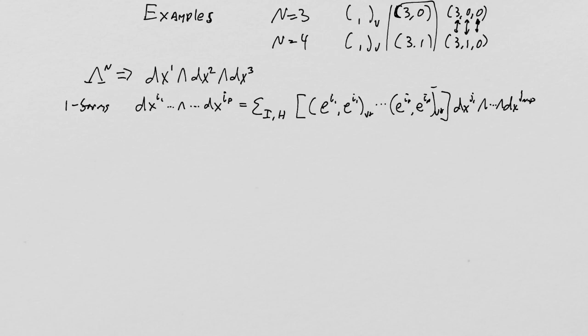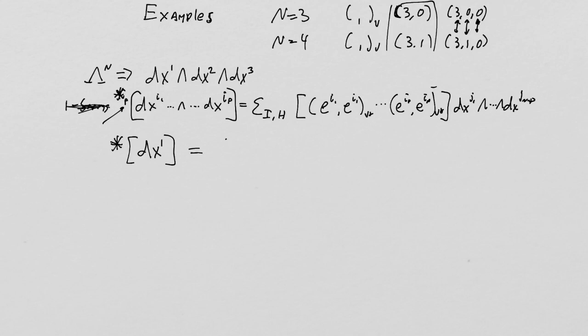So let's just apply it, right? We're going to now look for the one forms. And if I want to be fancy, I say it's the p-Hodge dual. So we're going to do it for one forms. I'm looking for the Hodge dual, where I'll suppress this little p now, of dx1, right?